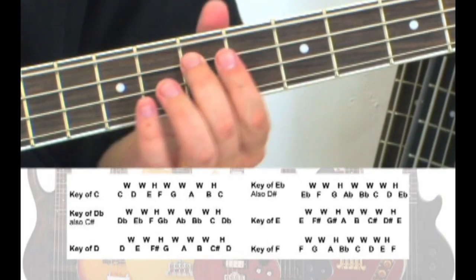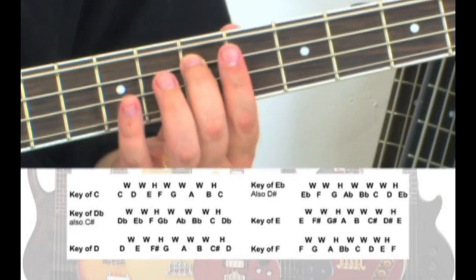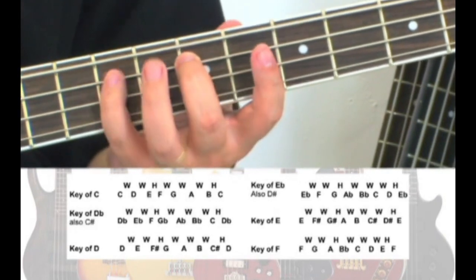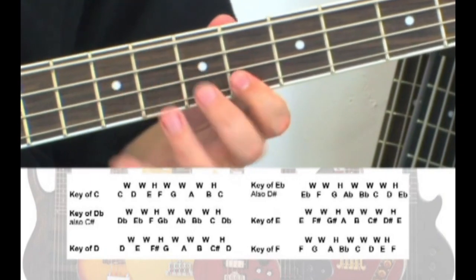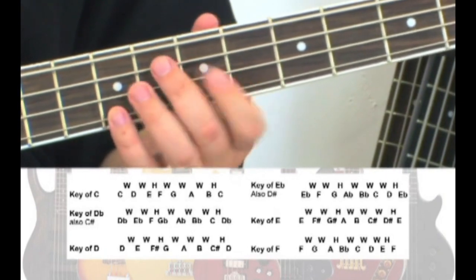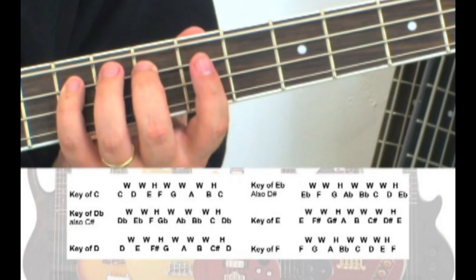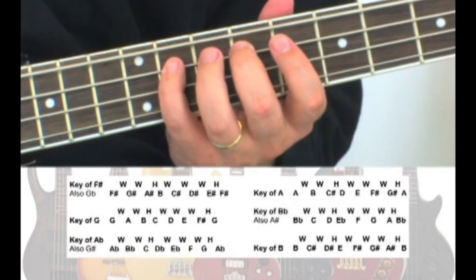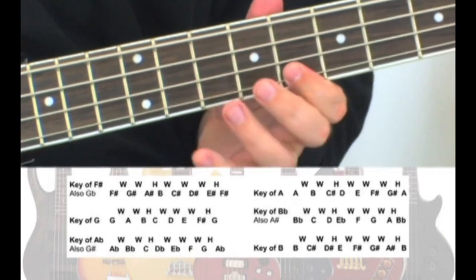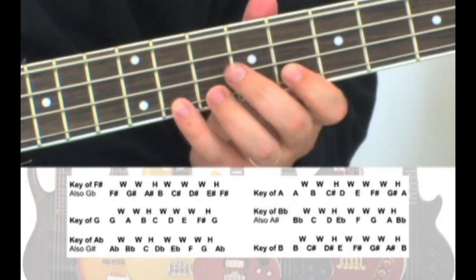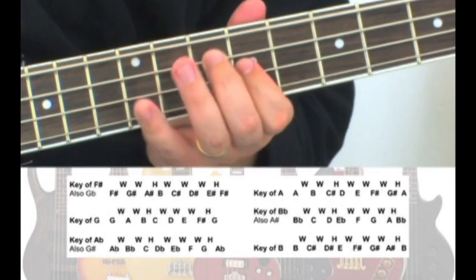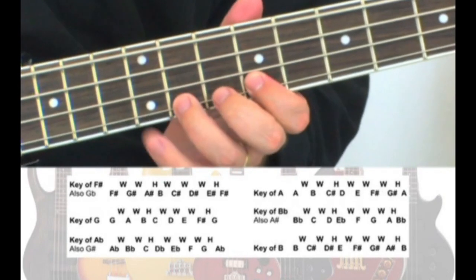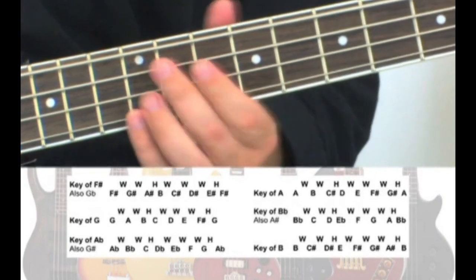The 7th fret of the 3rd string brings us to an E note, or an E major scale. The 8th fret is F. The 9th fret is F sharp. The 10th fret is G. The 11th fret is G sharp.